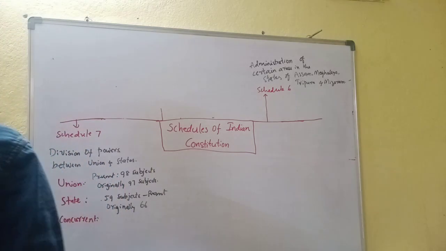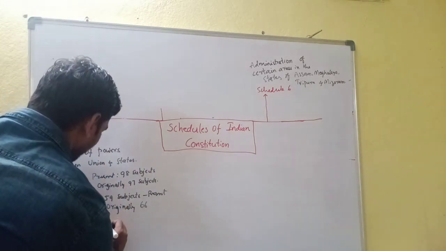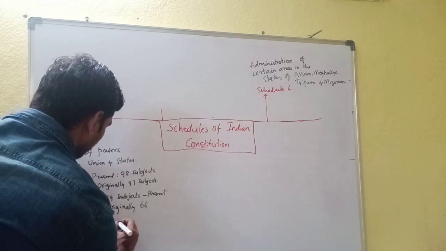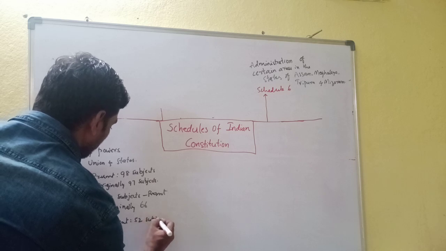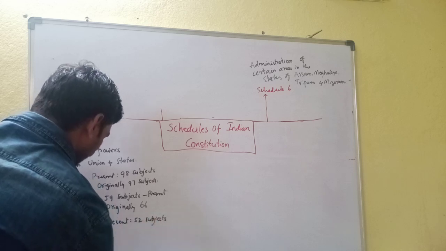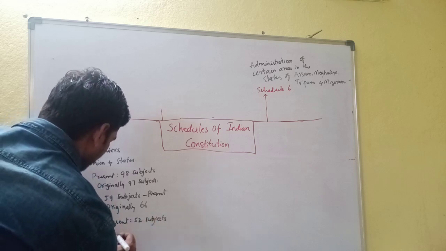In the concurrent list there are 52 subjects at present, but originally there were 47.